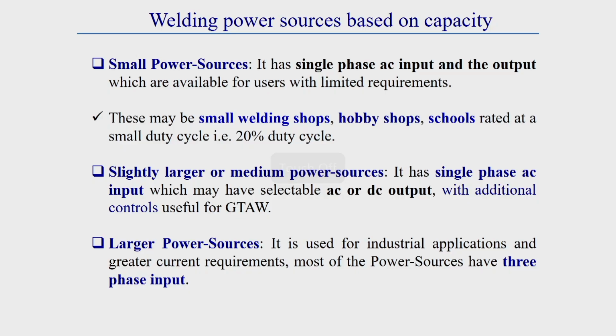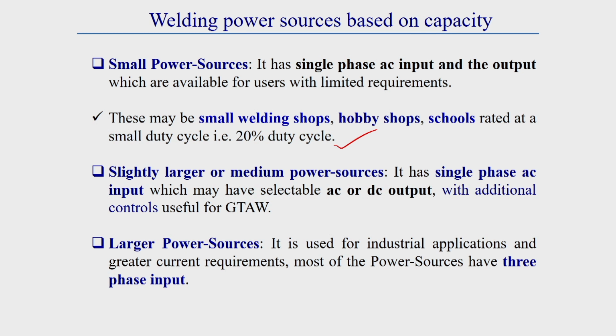In the case of a hobby shop, a small welding shop or school, the power source used is called a small power source. These power sources generally have a current range varying from 80 to 250 ampere. This small power source is operated by a single-phase mains supply, and its output is also AC in nature.